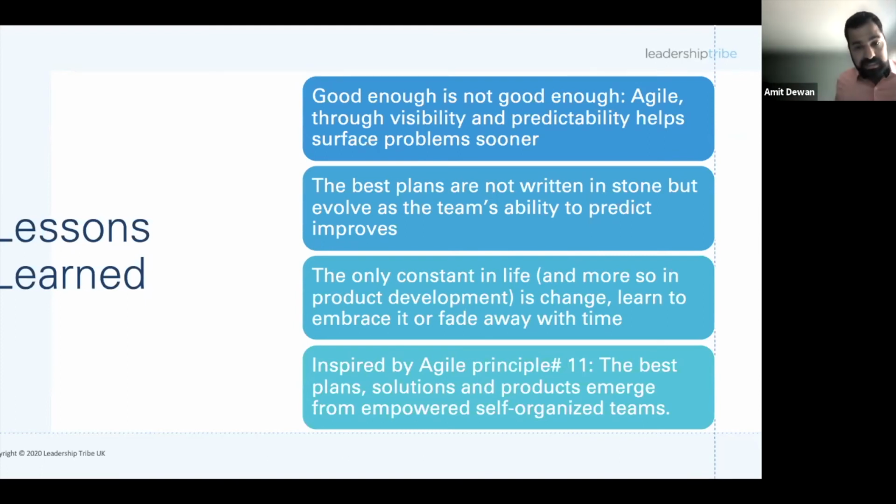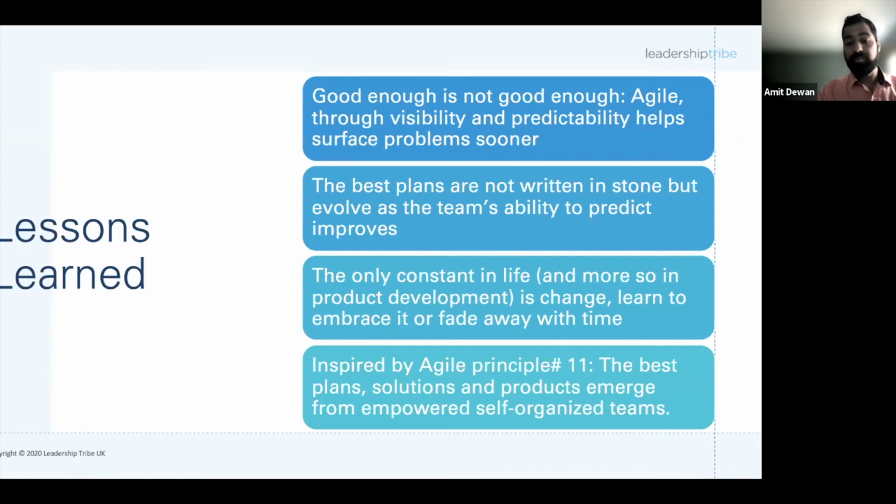Last but not the least, inspired by Agile principle number 11: the best plans, solutions, and products emerge from empowered, self-organized teams. So again, as I was saying in the cake shop example, the Karen product owner example, Karen can't do anything on her own. No matter how adept she is as a product owner, it's always a collaboration.